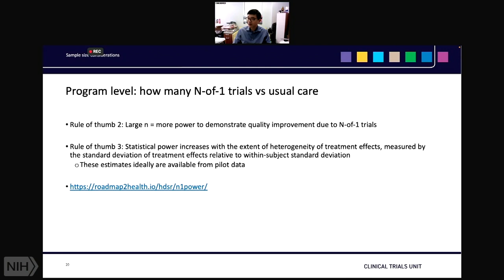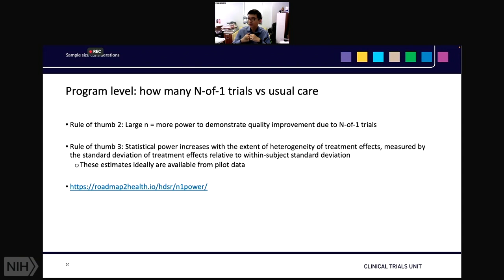What it means is that if we believe a treatment will work consistently well across individuals in the population, chances are N-of-1 trials will not be useful.